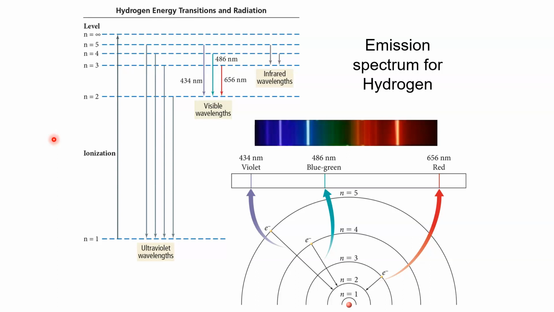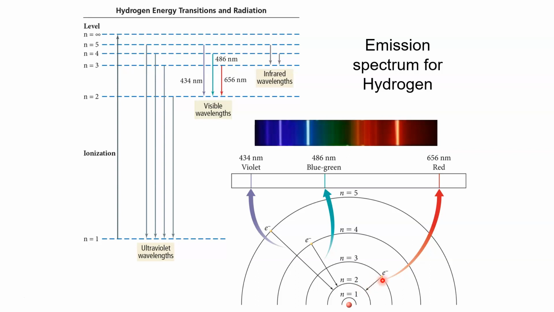So here is the emission spectrum for hydrogen. We see a violet here, blue, green, and red. And they're of these specific wavelengths, and we can measure this with instruments in the lab.